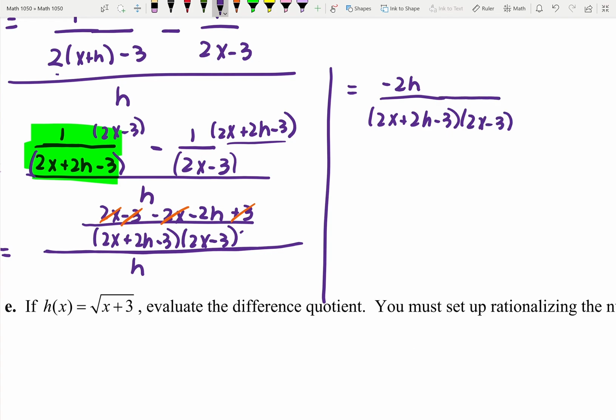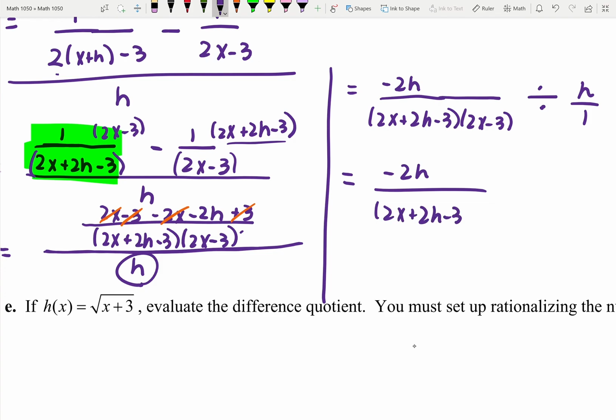Make that division bar really long, then make it a division symbol, divided by h over 1. This h right here divided by h, I made it h over 1. Now I'm going to flip the second guy upside down. I'm going to make it a multiplication.